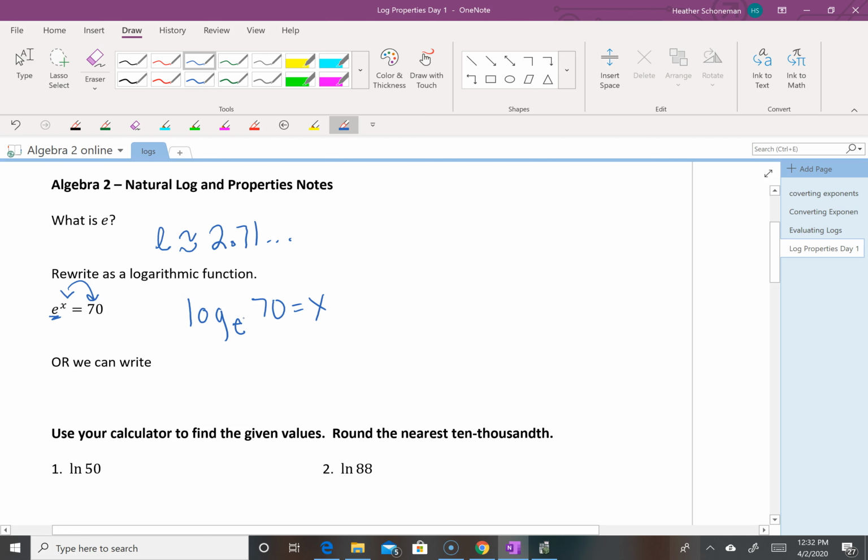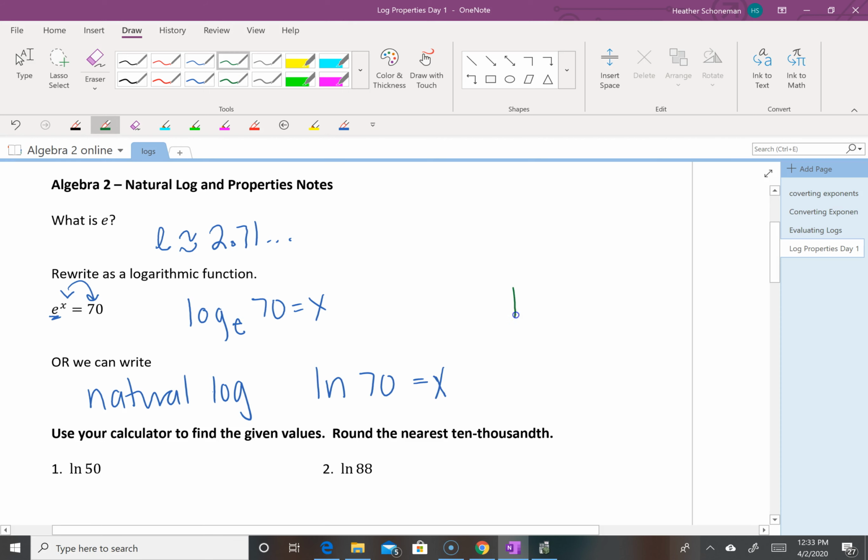However, if you ever have log base e, there's another way to write that, and they call this the natural log. The way they write it is ln of 70 equals x, so that would be the same thing.